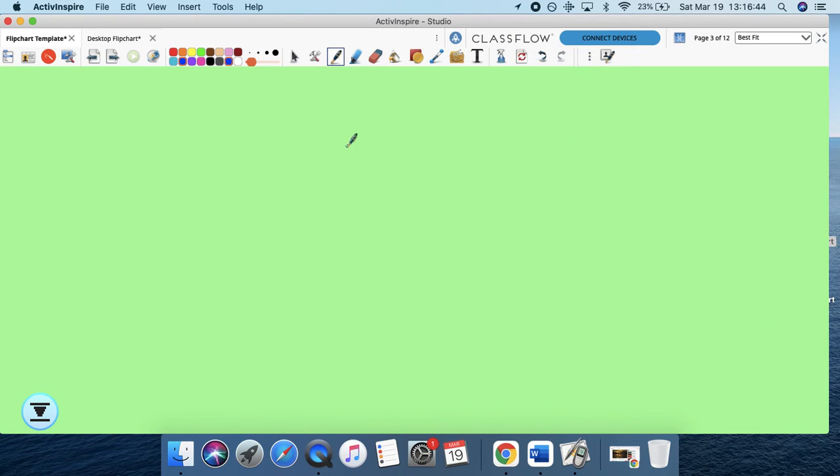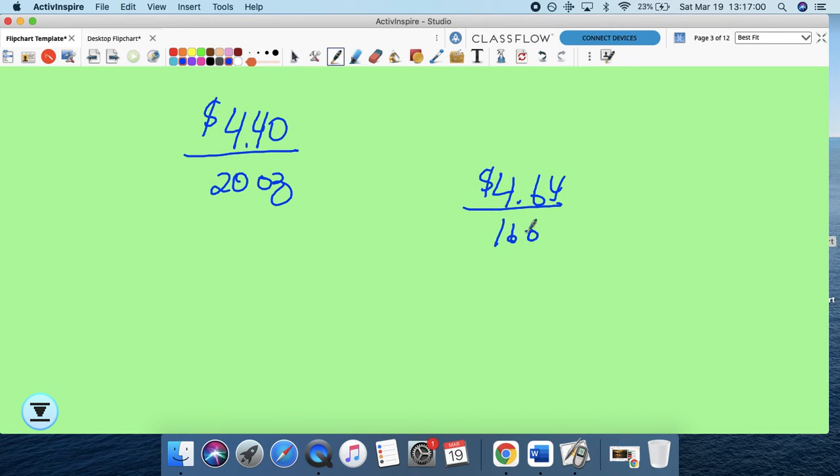We have 2 juices, and they're asking which one's cheaper and by how much. The first one is $4.40 and you get 20 ounces. The second one you pay $4.64 and you get 16 ounces. Which one is better? Well, let's find out what 1 ounce is.